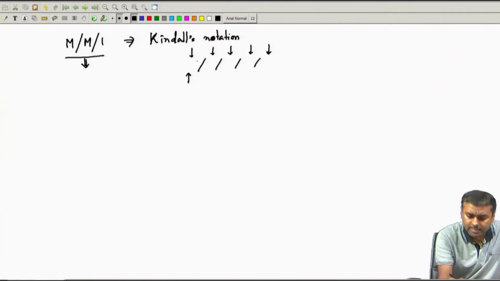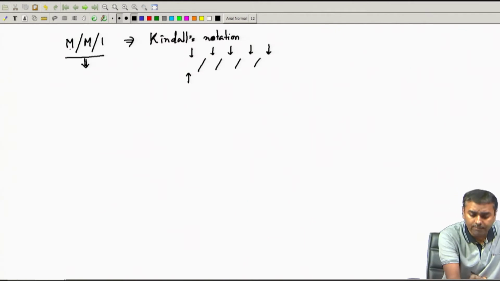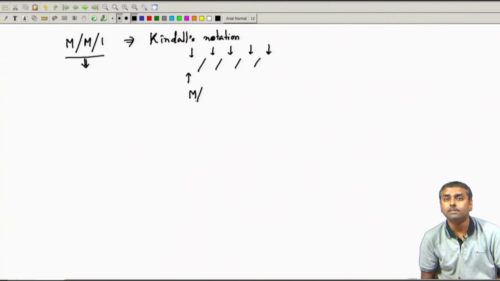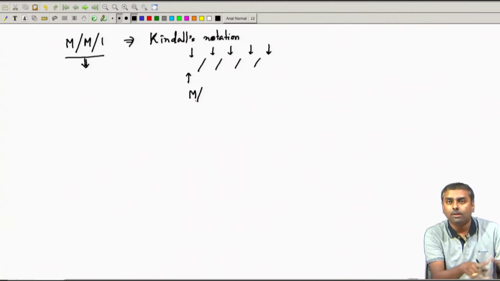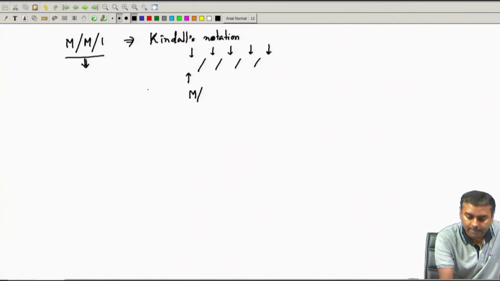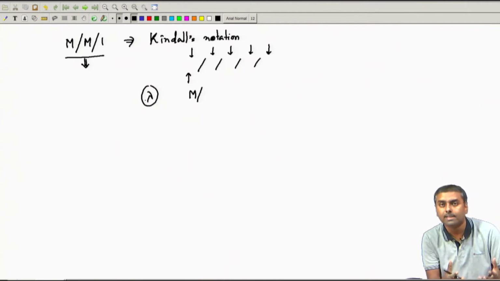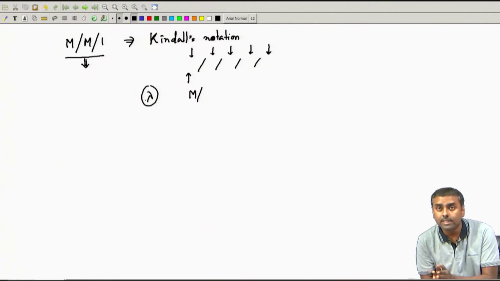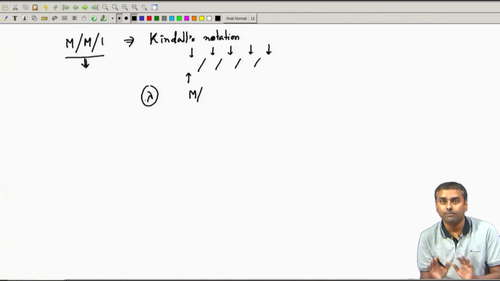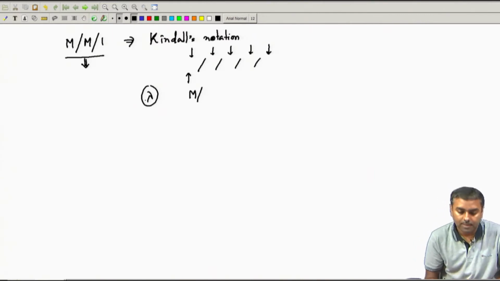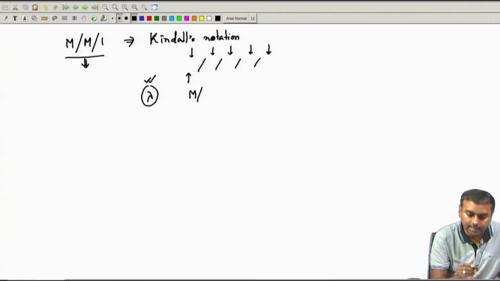If we write M in the first place, that means the arrival process is Markovian with, of course, some arrival rate that will be specified. If it is Markovian, that means it has to be Poisson. So, it must have an associated rate which is lambda. And we already know that it is a homogeneous system and a stationary system, for that only we are trying to analyze. So, this is the first thing that has to be specified.